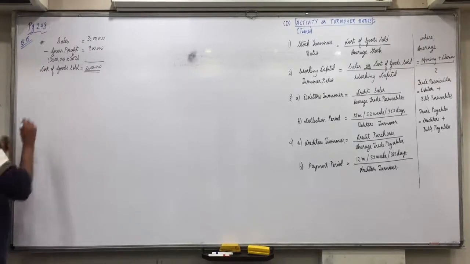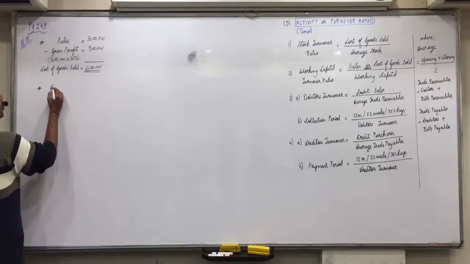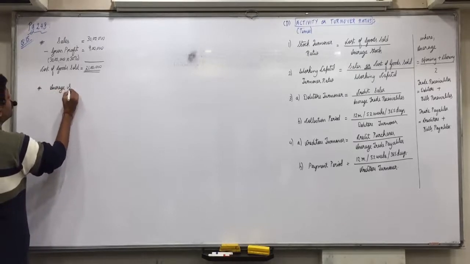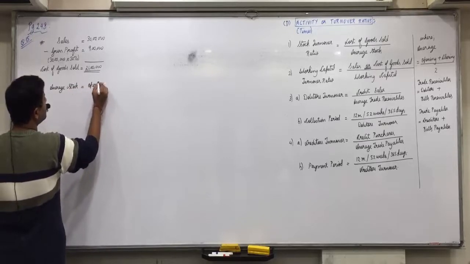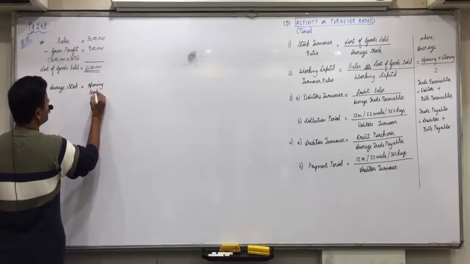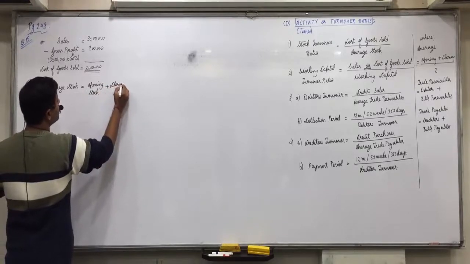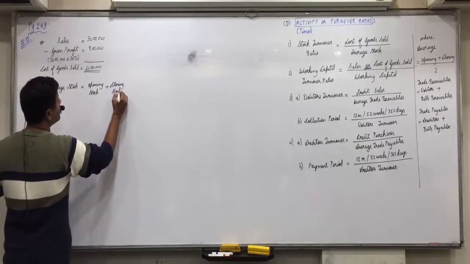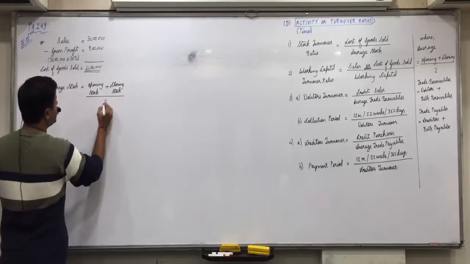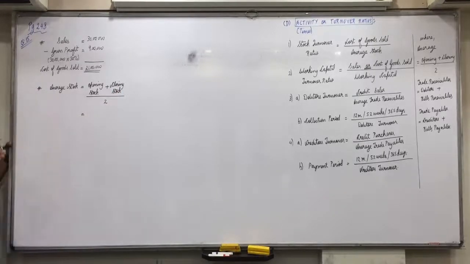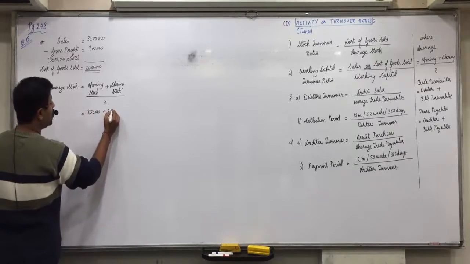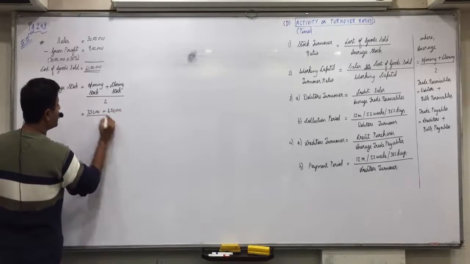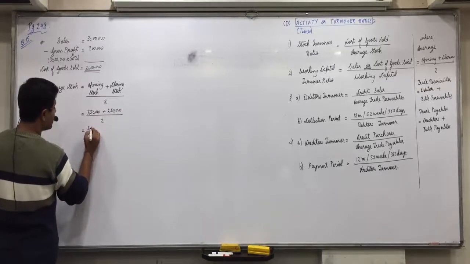Any doubt in it? And then average stock is equal to opening stock plus closing stock divided by 2. So opening stock is 3,50,000 plus closing stock 2,50,000, that is 6 lakhs, divided by 2, 3 lakhs.